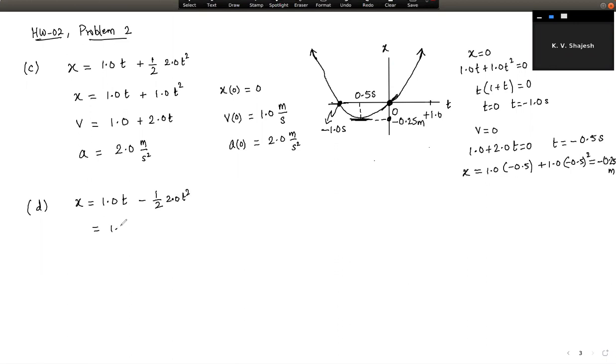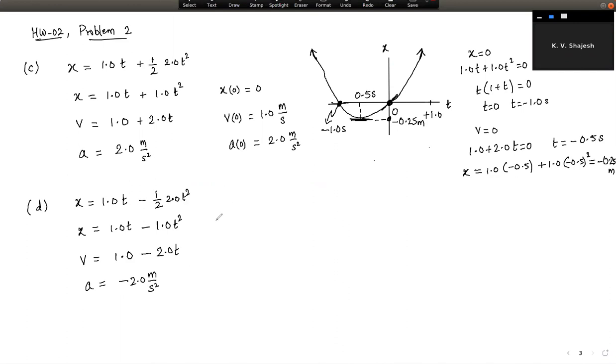That's 1.0 t with 1.0 having meters per second and 2.0 having meters per second squared. Again, this will become 1.0 times t squared, very similar to that, except for the negative sign, and that changes the characteristic of the curve. Now the velocity, taking the derivative, is minus 2.0 t, and the acceleration is minus 2.0 meters per second squared.